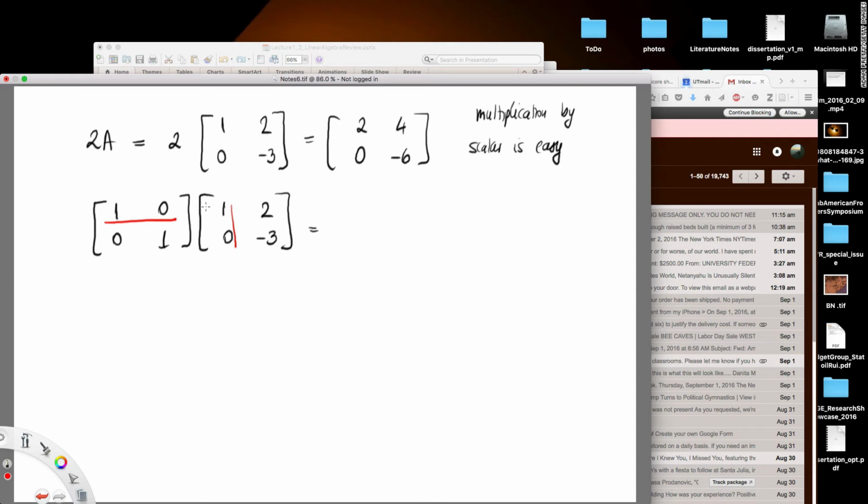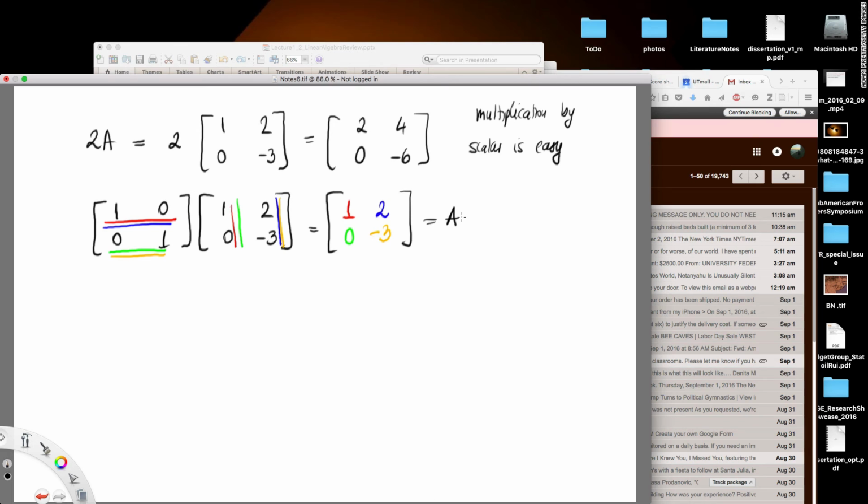And my result will be 1 times 1 plus 0 times 0. That's 1. Then this row and this column: 1 times 2 plus 0 times minus 3. That's a 2. Then this row and this column: 0 times 1 plus 1 times 0, it's a 0. And this row and this column: 0 times 2 plus 1 times minus 3 is minus 3.